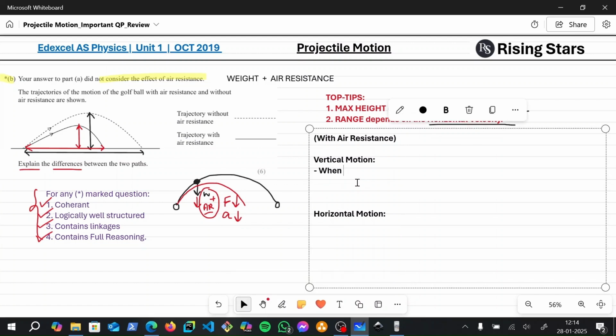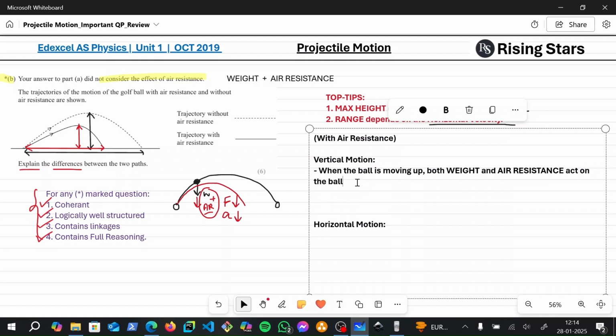So when the ball is moving up, both weight and air resistance act on the ball.